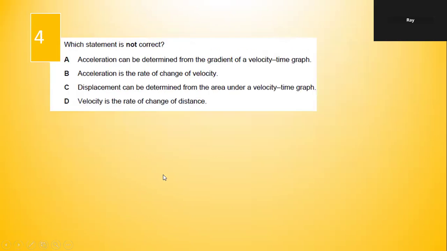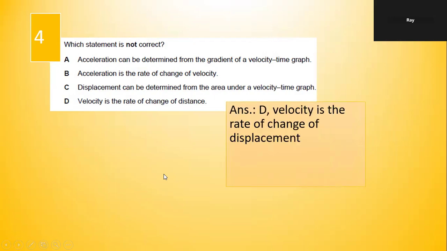How about number 4? D. Wrong. Velocity is the rate of change of displacement, because the option says rate of change of distance, which cannot be, as distance is a scalar.